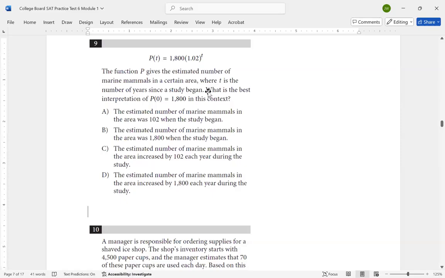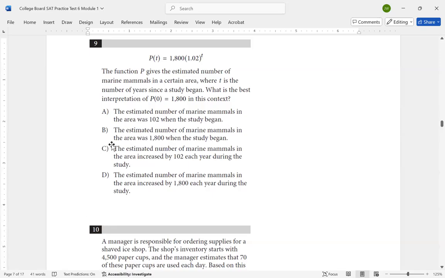So if t is the number of years since the study began, and p gives the estimated number of marine mammals, well, this means that at year 0, meaning when the study began, there were 1,800 marine mammals.